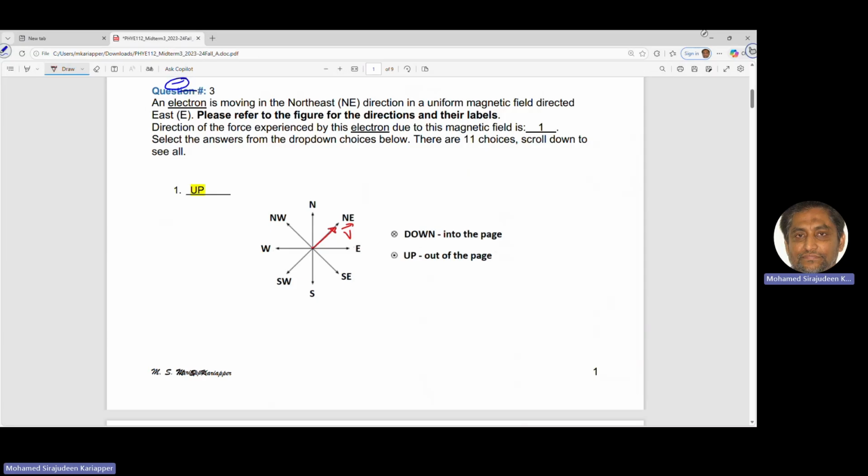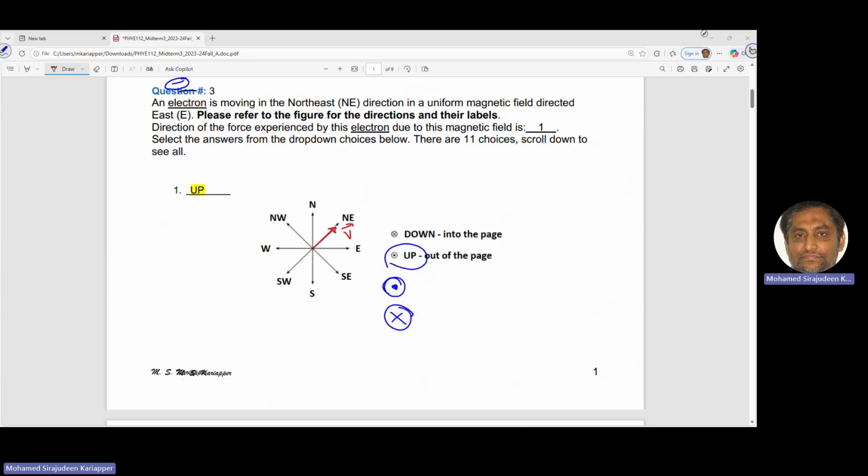So here, what is up? Out of the page is up. You know how to put out of the page? This is the symbol for out of the page. Down will be into the page. What is the symbol for into the page? Like this. An arrow has a point, right? So the arrow coming out will be out of the page, and behind you have something like a cross, so that's why the cross. Please know how to do that.